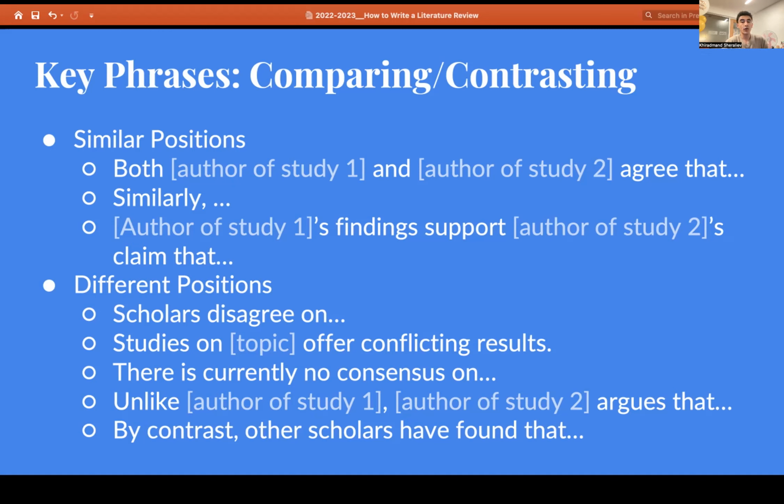Or unlike author of study 1, author of study 2 argues that, right? Or by contrast, other scholars have found that. So you can use these key phrases to compare and contrast different authors' findings and conclusions about your topic.